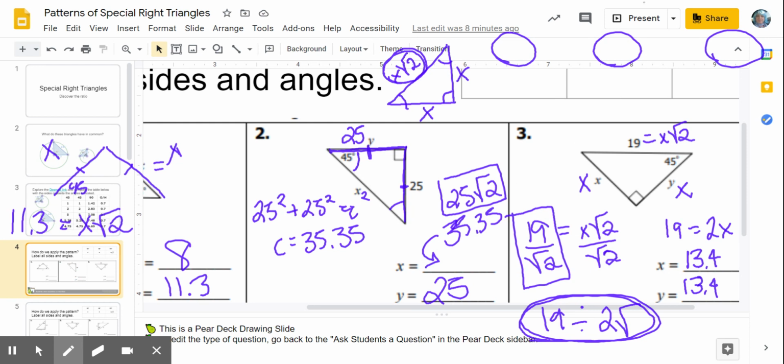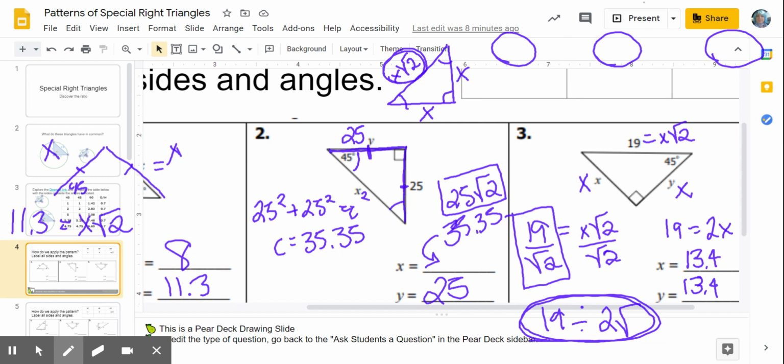So maybe let's go to Desmos. If I open Desmos, can you see it? So 19 divided by, and we have to go into our little tool thing because I don't know the shortcut for it. 13.4. You don't have to be in degree mode here.